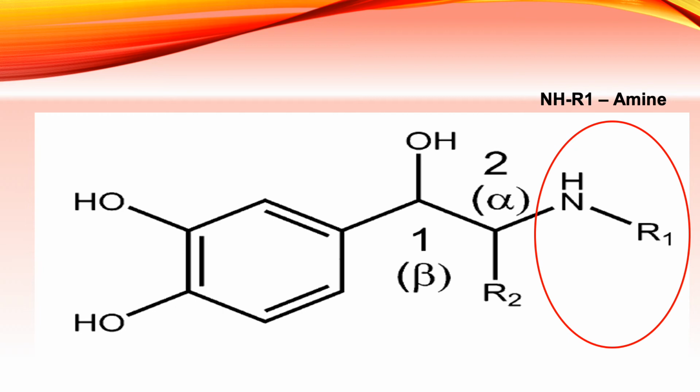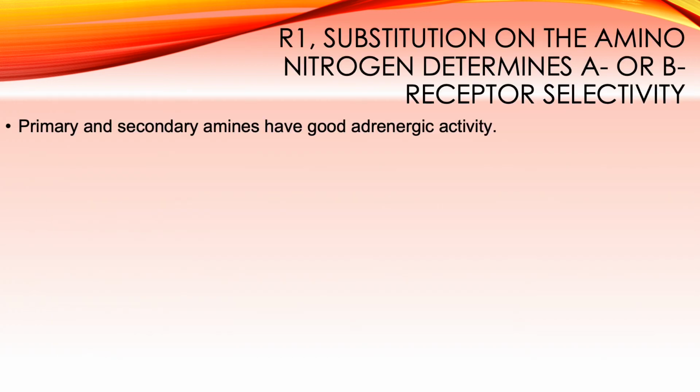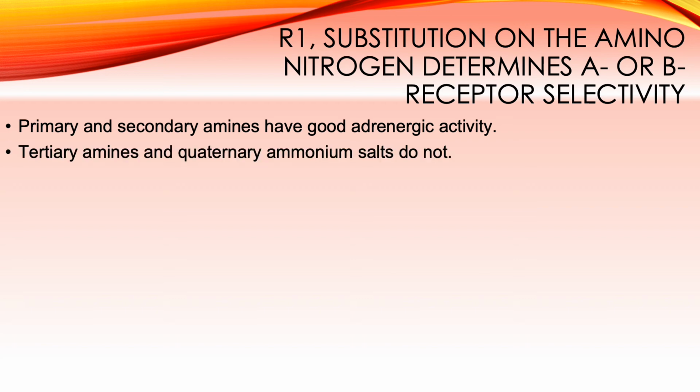So I want you to compare and look for the structures of salmeterol and formoterol, which are beta selective, and identify which among them has a longer duration of action and more selectivity with a specific receptor. So R1 substitution on the amino nitrogen can determine alpha or beta receptor selectivity, as I mentioned in the previous slide.